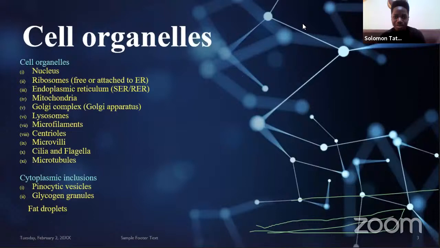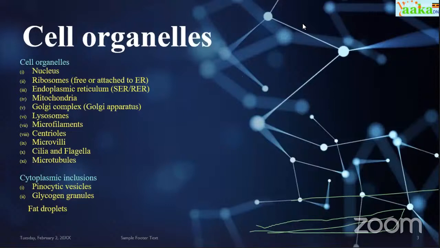Who else would like to talk more about the Golgi apparatus? Jamie, do you have anything else? Yeah, I would like to say that it replenishes the cell membrane by producing vesicles which become part of it after discharging the contents.